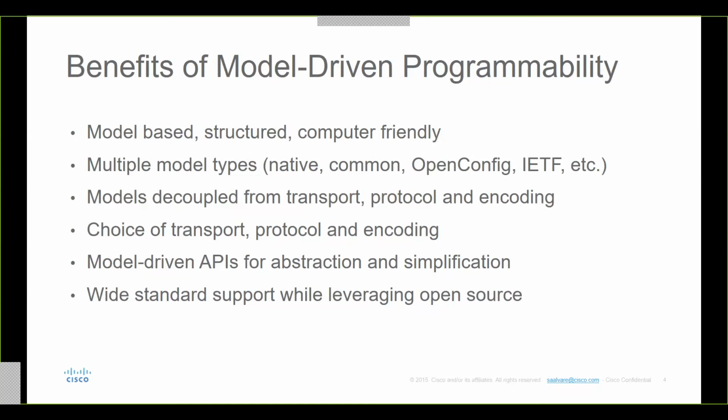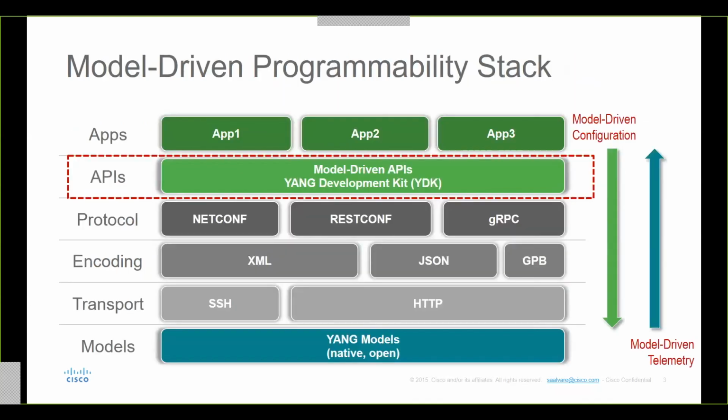So we're going to see that, for instance, in the previous slide, and let me just go back for a second. Most of, for instance, SSH, HTTP, of course, are standards. XML and JSON are. But for instance, we got here something called gRPC for a protocol, and we're not going to talk about the details on that, but gRPC stands for Google RPCs, and that's one of the options that you have to configure the box, for instance.